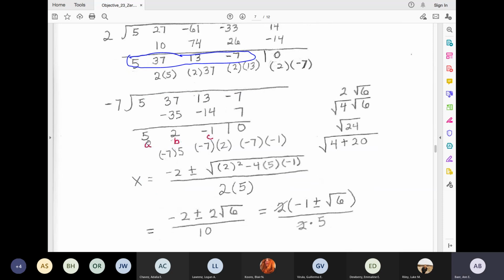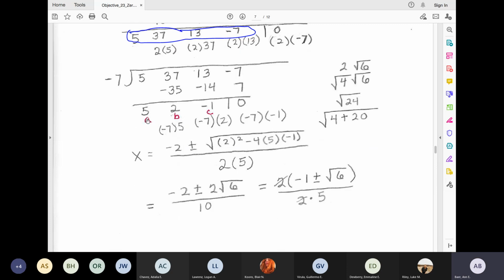So these are coefficients of a quadratic expression. They are right here. A is 5, B is 2, C is -1. So we are now going to find the other 2 zeros by using the quadratic formula.